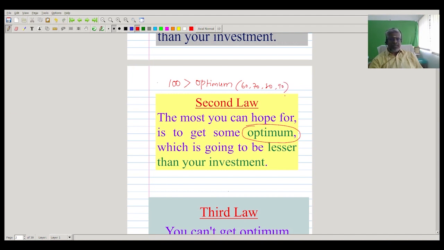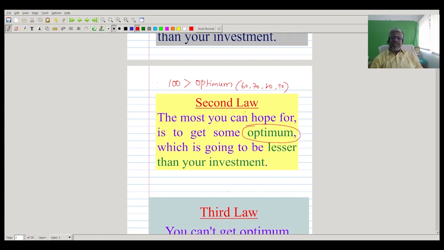So the second law says that you are going to get some amount which is the optimum, that means the maximum that you can get, which is going to be lesser than what you have invested. Say if 100 rupees, you are going to get something lower than 100 rupees. This is the second law.